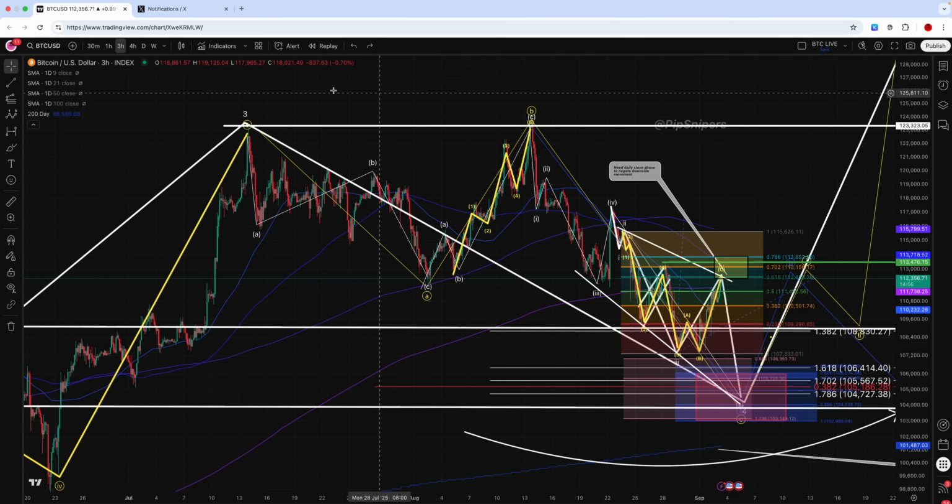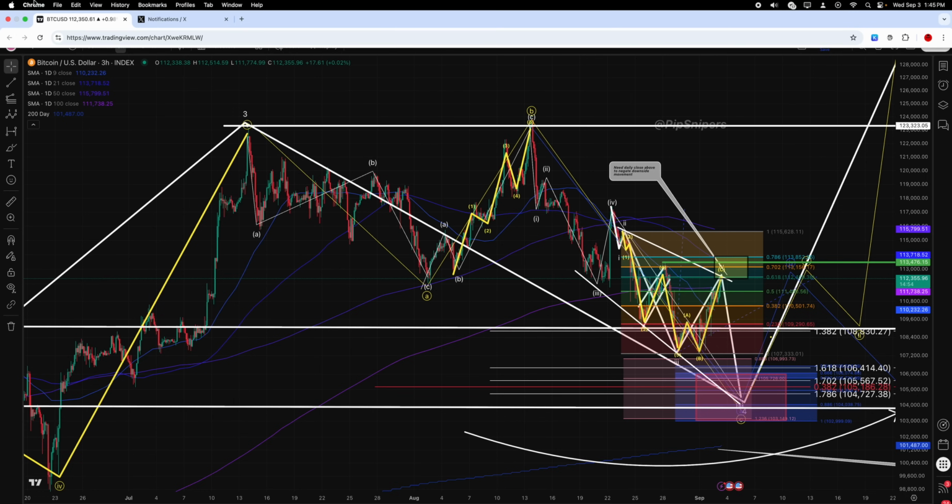I want to let you know that for over 3 years, when Bitcoin would make a higher low, altcoins would make lower lows. Okay, that was a very frustrating time for many market participants.